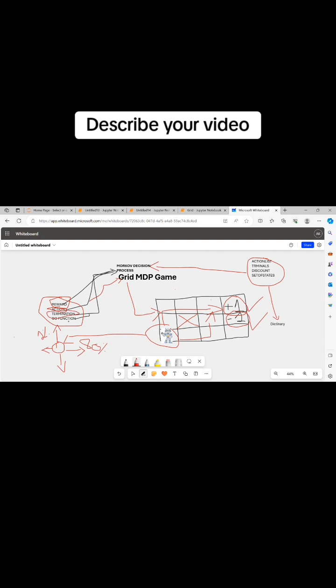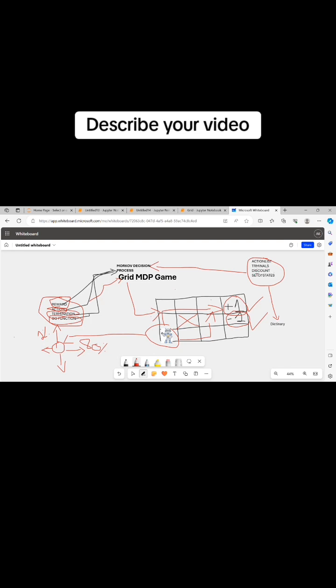And the go function, what is the meaning of the go function? It means that when it moves from one state to the next state, we will require a go function to define the agent's movement. Then, besides the basic functions, we will also require the discount, the state of actions, and terminal states.